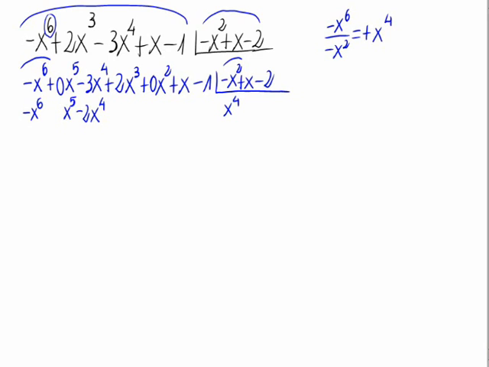And now what we have to do, this is a very important step that you cannot forget, is changing the sign of the numbers we've just obtained by multiplying. So this would be plus x to the 6th minus x to the 5th plus 2x to the 4th. Now let's add these two polynomials.